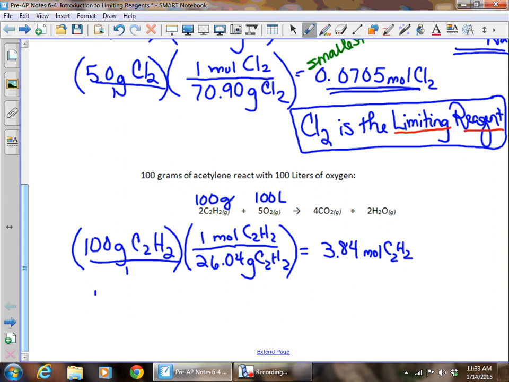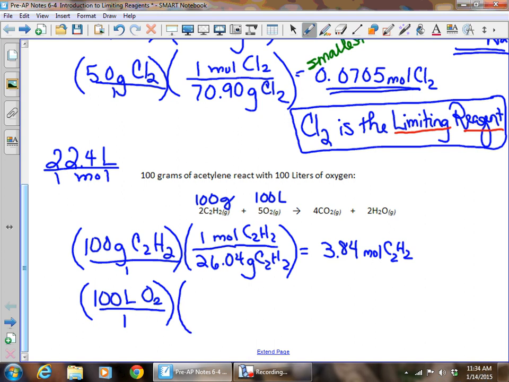We've got 100 liters of oxygen, but now we can't use molar mass here. We've got liters. What's our conversion factor that we can use for volume? Molar volume. Now, technically this problem should have said at STP. But right now, since we haven't studied gas laws yet, we're going to assume that it's at STP. So 22.4 liters to 1 mole. It's our molar volume conversion factor.